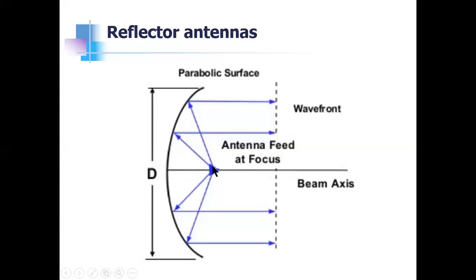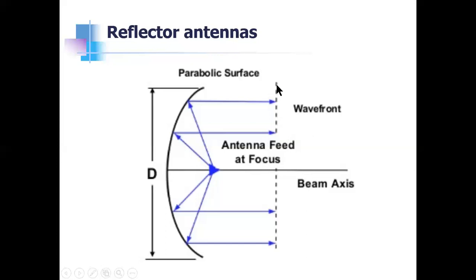Another thing is the distance traveled by any ray coming from this feed, like from this to this and then this to this. Similarly, this distance, this and this. All these distances traveled by any ray from this focus or the feed and then reflected to the plane perpendicular to the parabolic axis are all the same, no matter at what angle they come out of the feed.